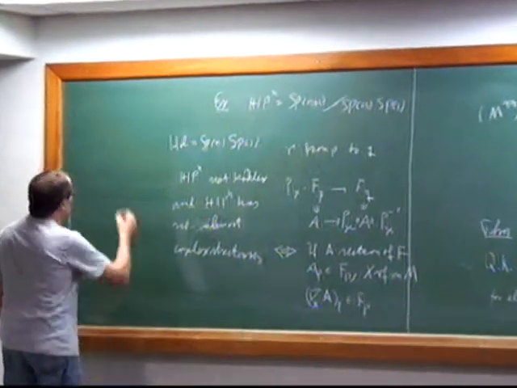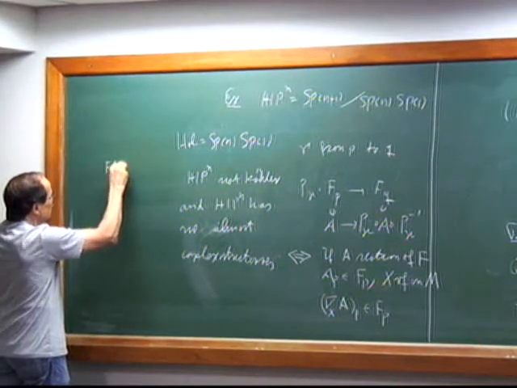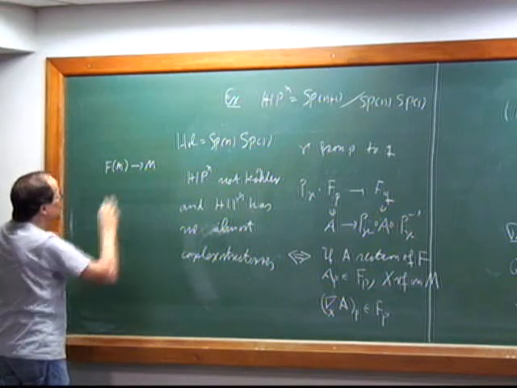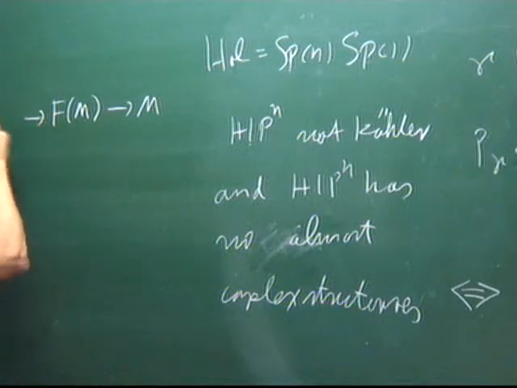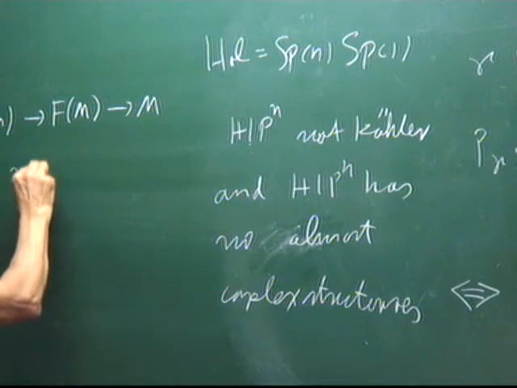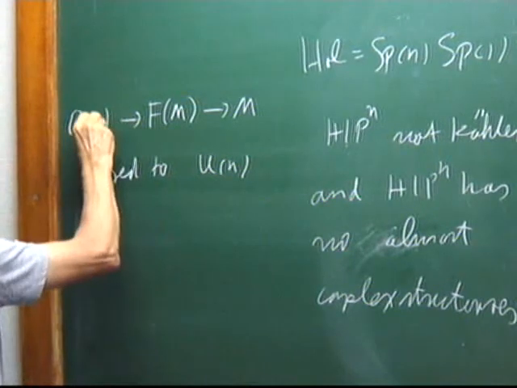If you have a manifold M, you can always look at the frames over M. I choose a Riemannian metric, so I can make it into an O(n) principal bundle. These are the orthonormal frames. And what's the complex structure? The complex structure is a reduction to U(n). So this is even dimensional.